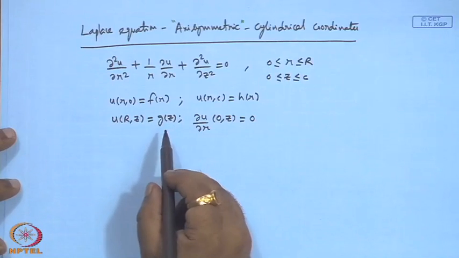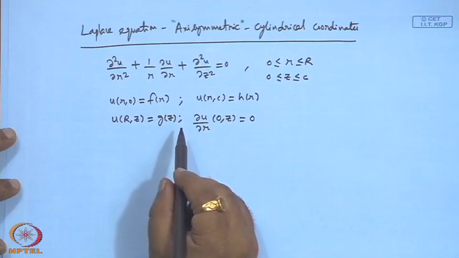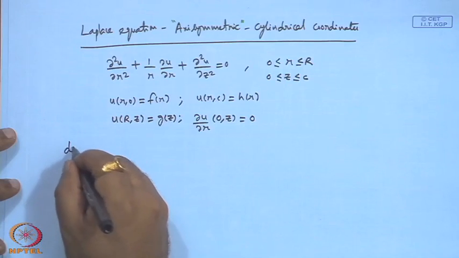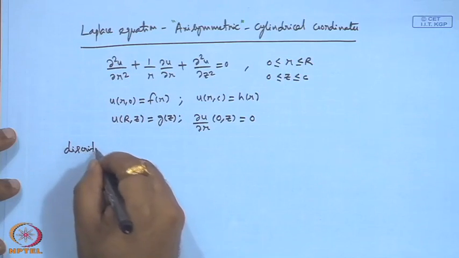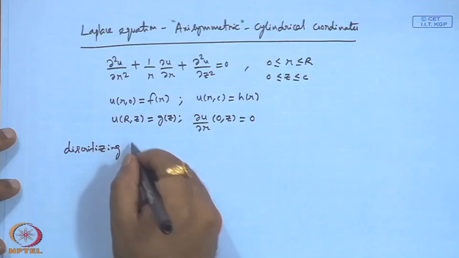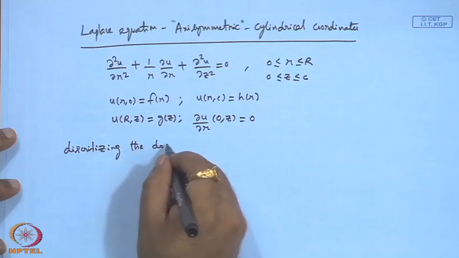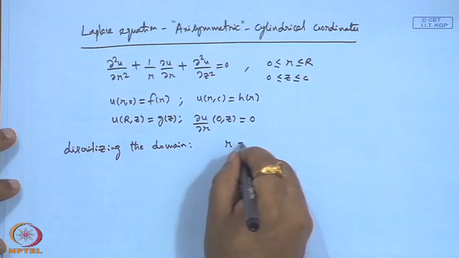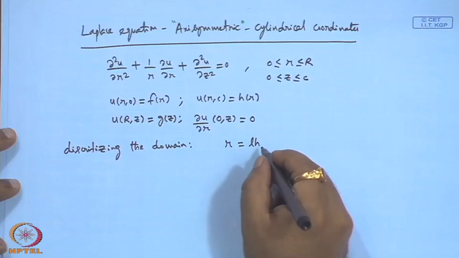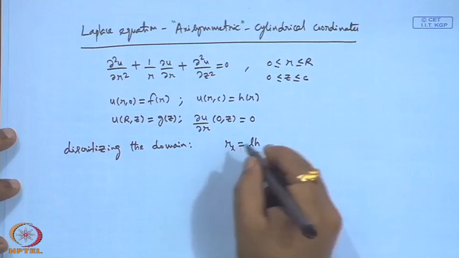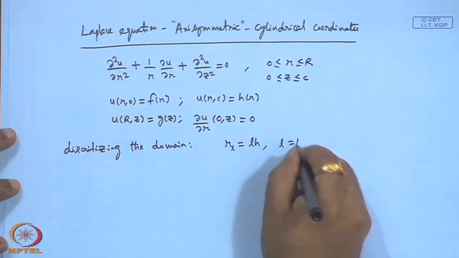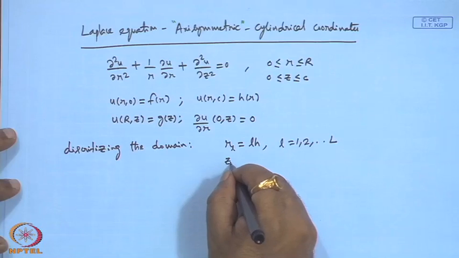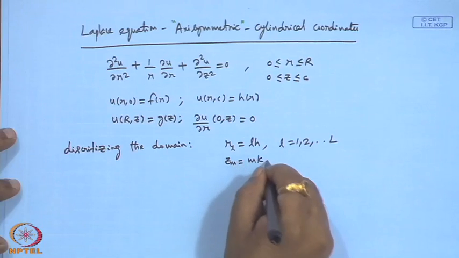So, now we have to discretize, discretizing the domain. R L is L H, then Z M is M K.